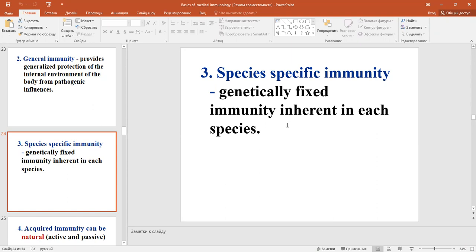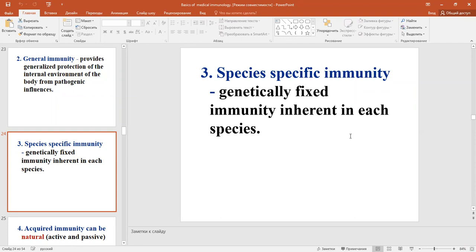For example, we are resistant to pathogens of plants. They have viral infections, bacterial infections, they have mycosis, but we have species immunity, and animals have their own pathogens, but mainly human beings are resistant to animals' pathogens.